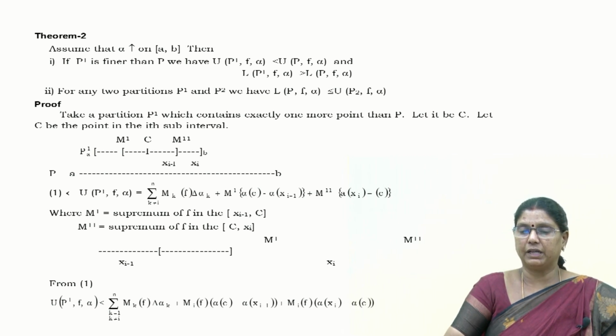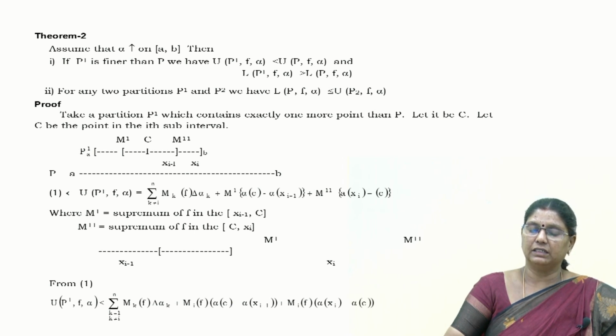Now, we take a partition P1 which contains exactly one more point than P. So, then only we can say it is a finer one. Let it be c. Let c be the point in the ith subinterval.